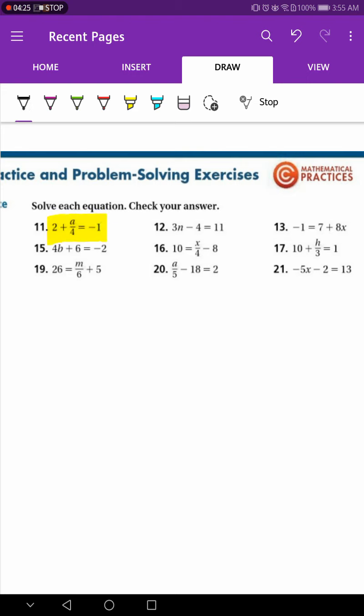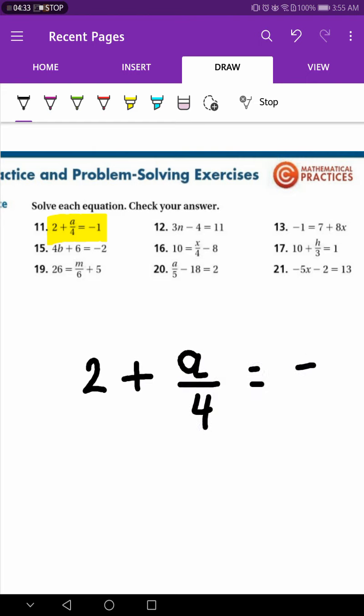It is 2 plus a over 4 equal -1. I will zoom in here, and as we learned, we determine the left side. My boy, my advice to you: work step by step.